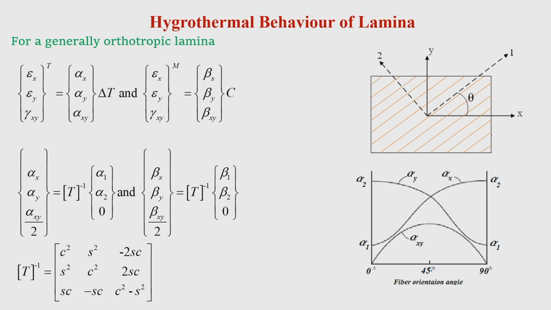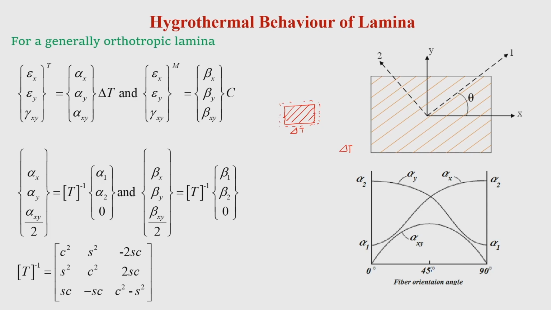Now, this is a generally orthotropic lamina. The fiber direction is at an angle of theta with the global axis x y. So, material axis is 1 2. Suppose you have a lamina and it is subjected to delta T. So, naturally it will expand in x and y directions.